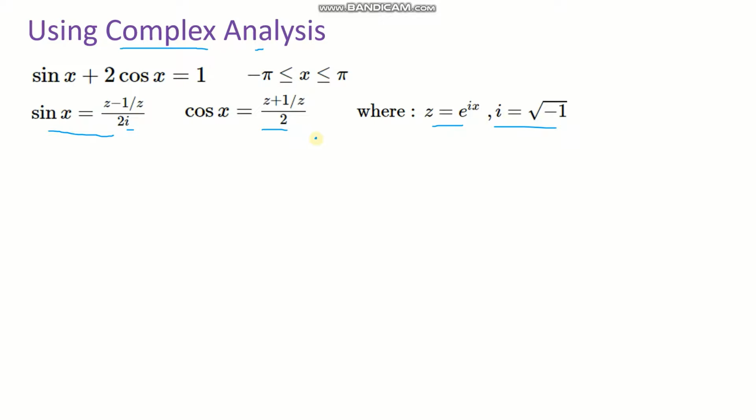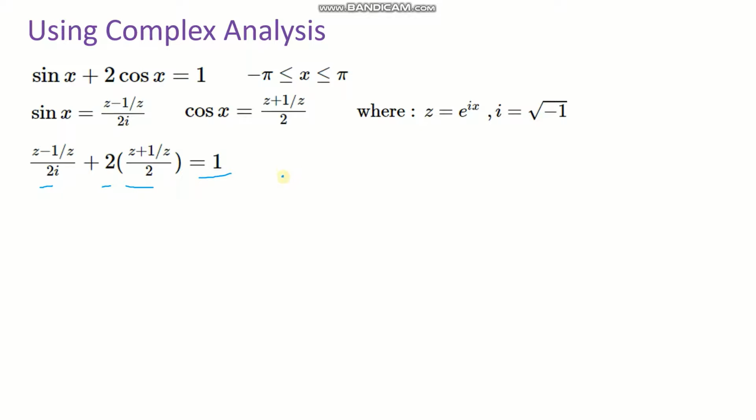Now substitute these values. We have (z minus 1/z) over 2i plus 2 times (z plus 1/z) over 2 equals 1. For this term, multiply both numerator and denominator by i, and i times i is negative 1.